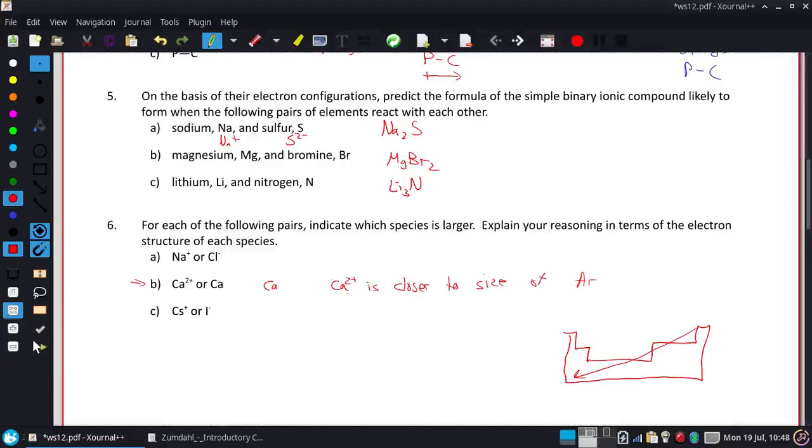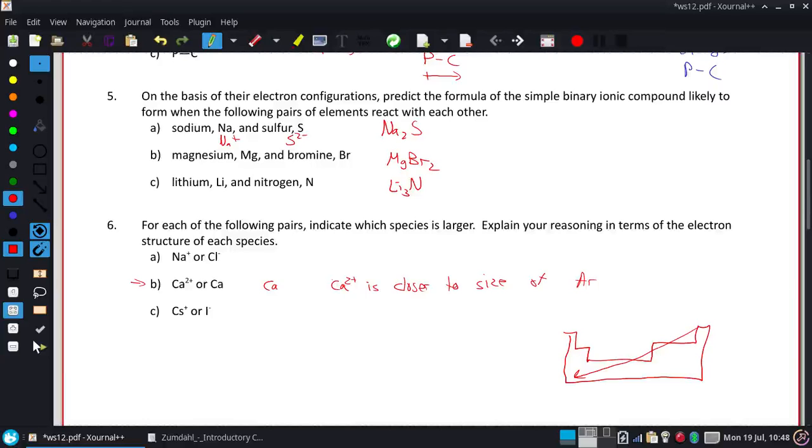And technically it would be a tiny bit smaller than argon because it would have the exact same electrons as argon, but a much bigger positive nucleus pulling in on it. And yet the calcium with those extra 2 electrons is really big.